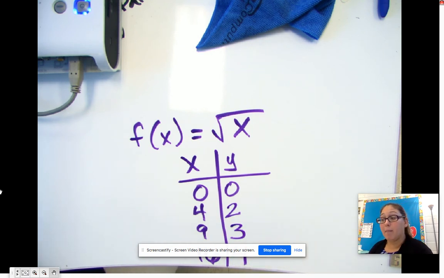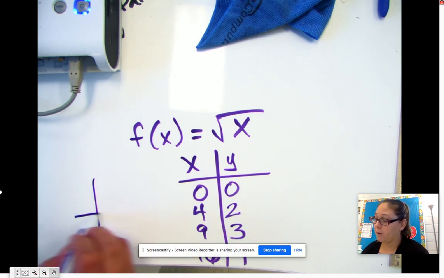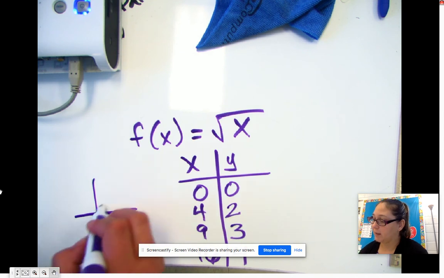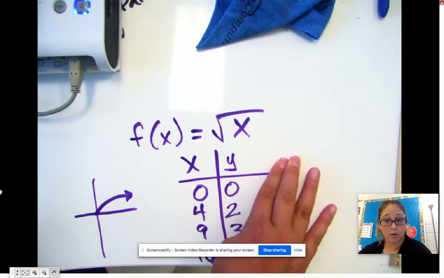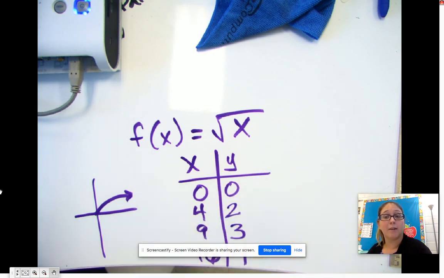So again, you need to memorize these parent functions and how to get some points. And then this graph, if I graph these, I get this curve, right? And so you'll notice there's no negative x values and there's no negative y values for the parent function. But as we change it, as we transform it, you could get some negatives.